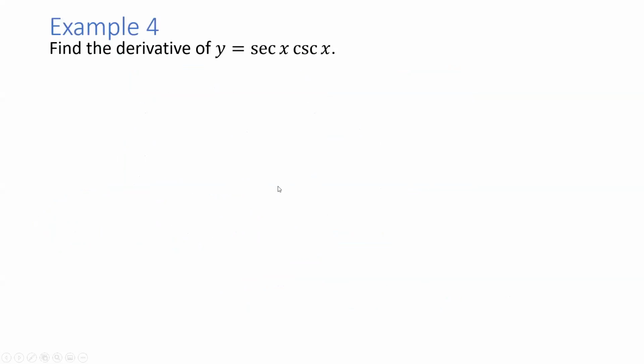And let's practice this one here. Suppose I want to find the derivative of secant x cosecant x. Again, I've got a product here, secant x times cosecant x, so we're going to need to use the product rule.